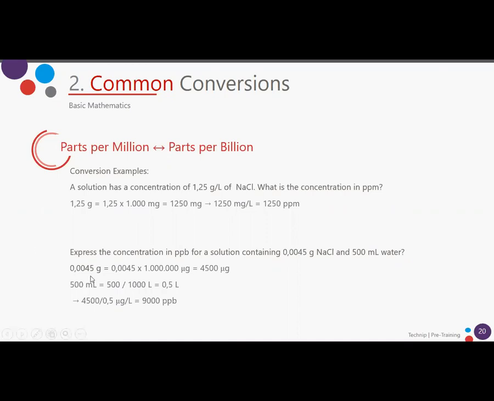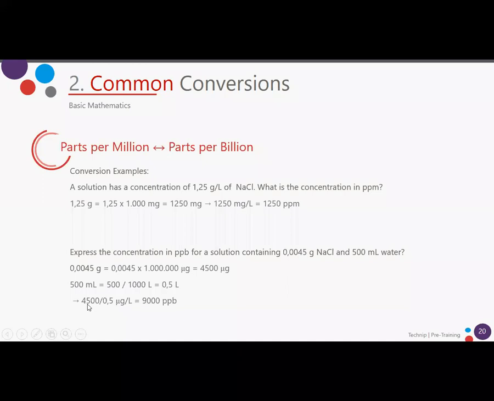First step, I express my grams in micrograms. So 0.0045 grams are 4,500 micrograms. Then also I express my milliliters in liters. So 500 milliliters, I divide by 1,000, bringing me to 0.5 liters, because 1,000 milliliters is 1 liter, okay?